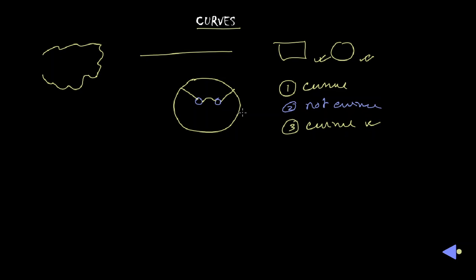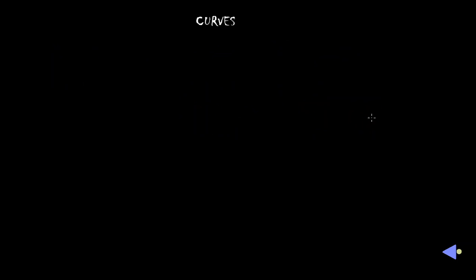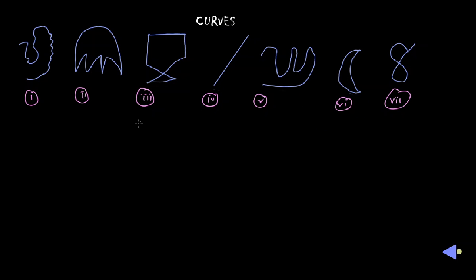Now let us take a few more examples to examine which one is a curve and what kinds of curves there are. There are two types of curves. Let us discuss them one by one. Here you see a simple doodle. If you draw any shape like that, it is a curve. That is also a very simple curve. This is also a curve, but that curve is different from the rest.